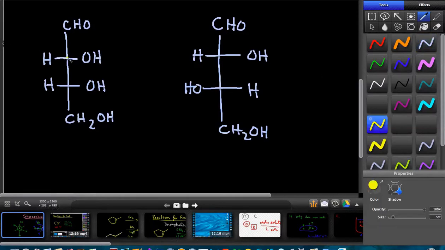So if we look at the chiral center rendered in yellow, they're the same for both. And if we look at the chiral center rendered in green, these are opposite. So these two compounds must be diastereomers.